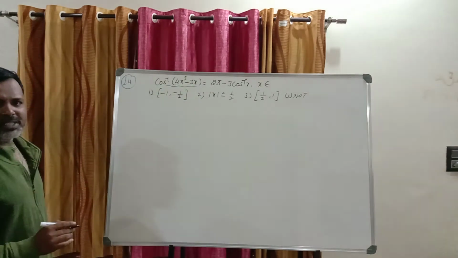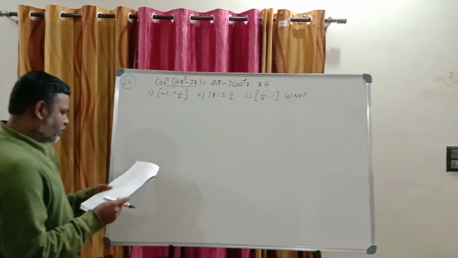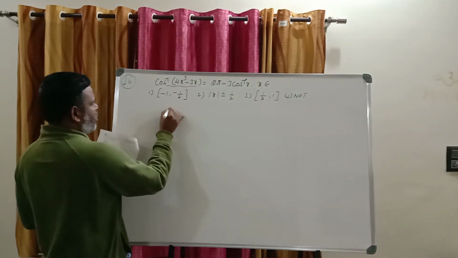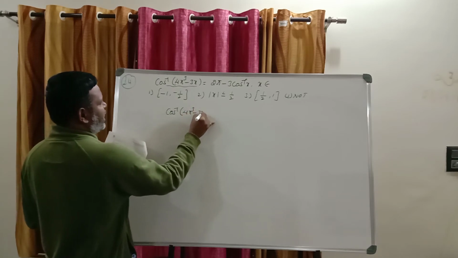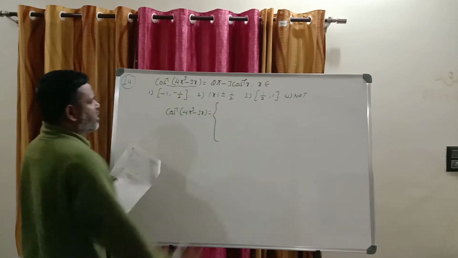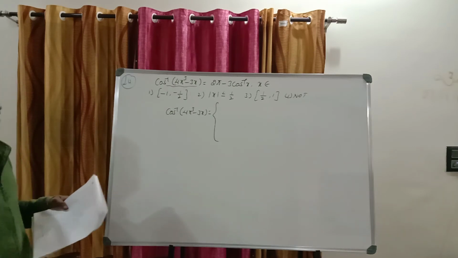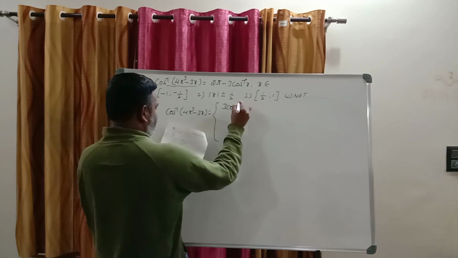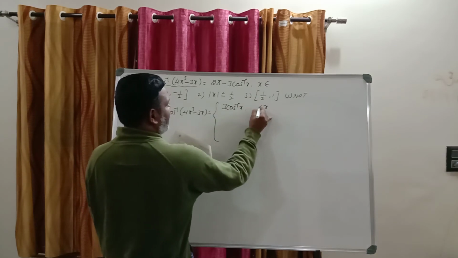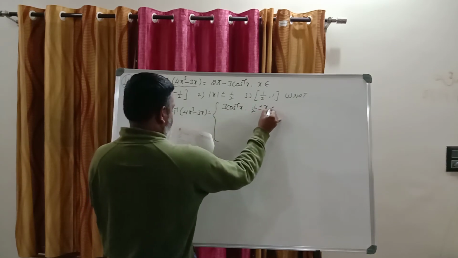We have cos inverse of 4x cube minus 3x, which is related to 3 cos inverse of x. Pay attention to how we can write it. The cos inverse of 4x cube minus 3x has three values. It is 3 cos inverse of x when x is greater than or equal to 1 by 2 and less than or equal to 1.